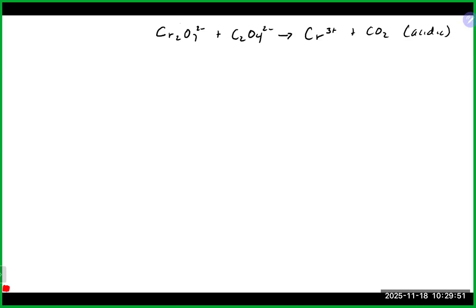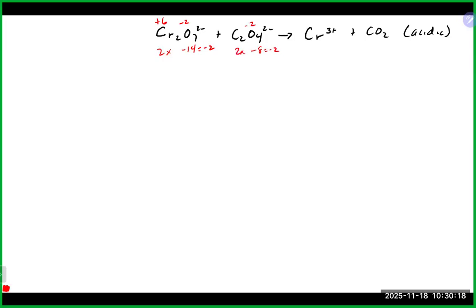So we did this guy, I think, earlier. -2, it's going to go -14 equals -2. There are 2 of the chromiums there, so each one's going to be +6 to get us there. Our oxygen here is going to be -2, and that's -8. This also needs to equal -2. There are 2 of the carbons there as well.